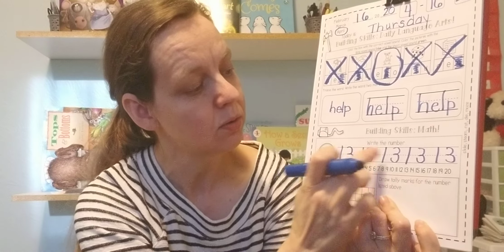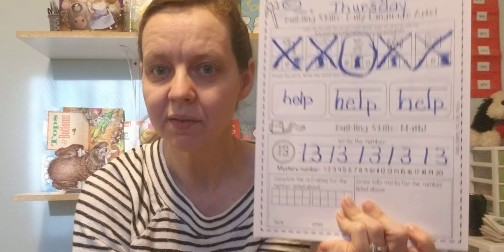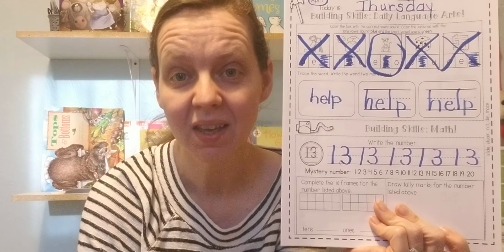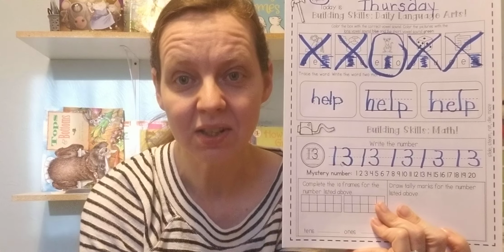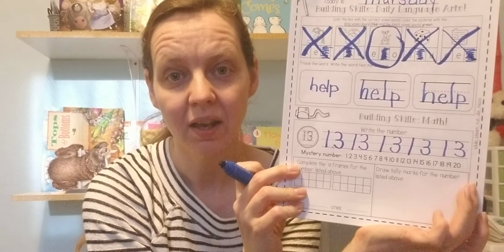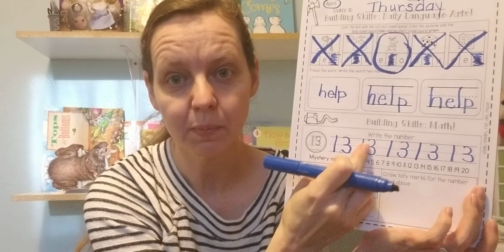Let's see, I got 1, 2, 3, 4, 5. Almost every day I make 5. How many did you make today? Could you fit more than 5? Are you making enough space in there? Make sure they look nice and the 1 and 3 is close, and then a space before your next 1 and 3.